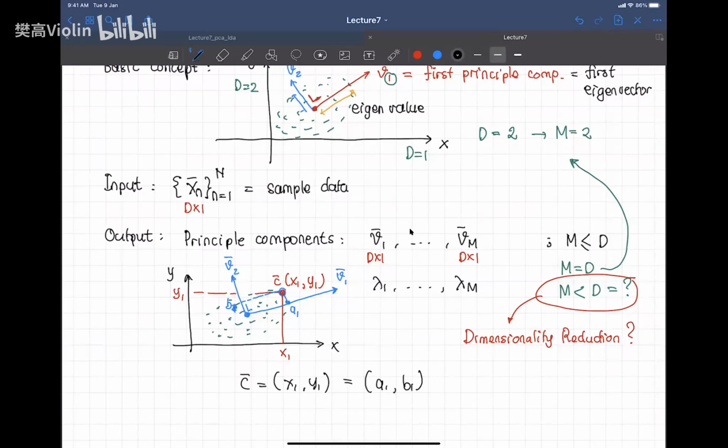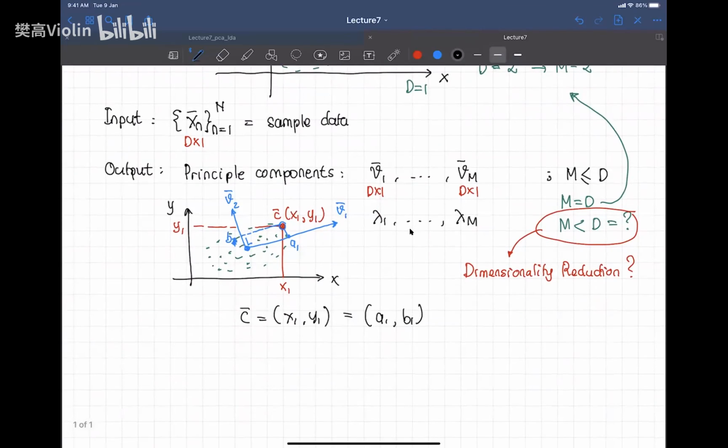So we can now represent the points using two coordinate systems: the original coordinate system, which is x and y, and the other, which is V1 and V2. In this case, there is no reduction in dimensionality. We just represent one point using one system and the other system. So now, how can we do the dimensionality reduction using V1?